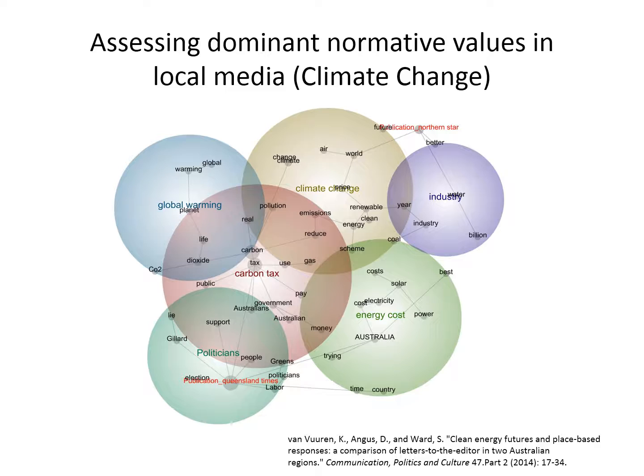Whereas in the Northern Star, we see concepts such as better. We're looking at things such as industry, water, renewable, energy, clean, emissions. All these words are more focused on the actual broader concept of climate change and mitigation and ways in which climate change could potentially be abated.